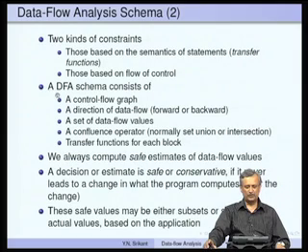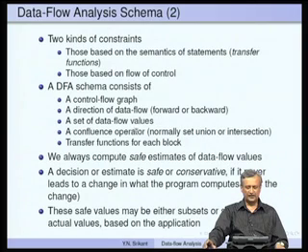And now we are ready to define informally what a data flow analysis schema is. It consists of a control flow graph, a direction of data flow, either forward or backward. This will be clear only when we see an example.